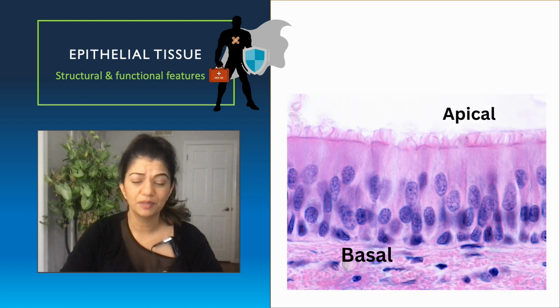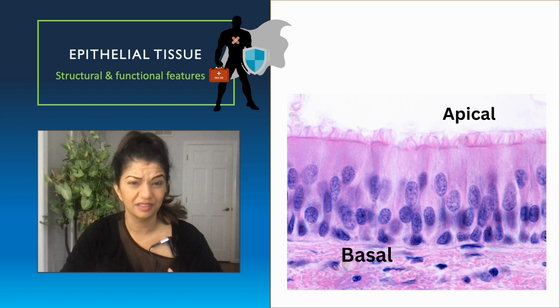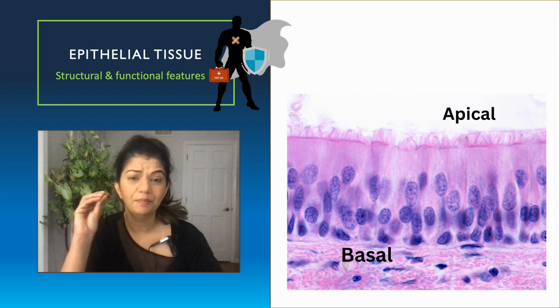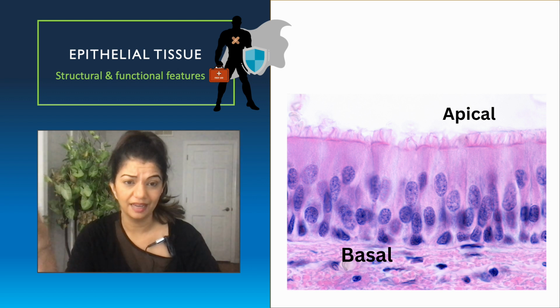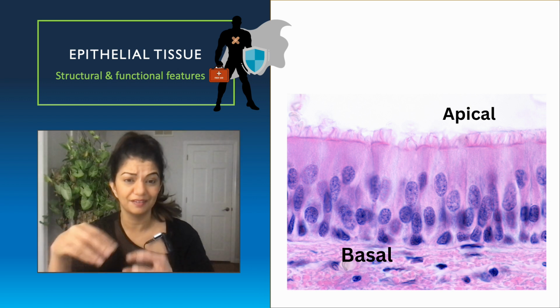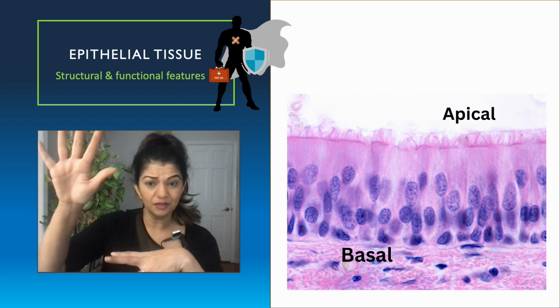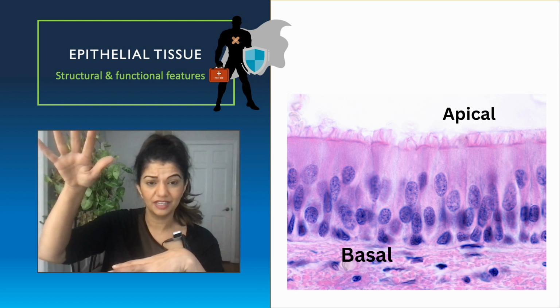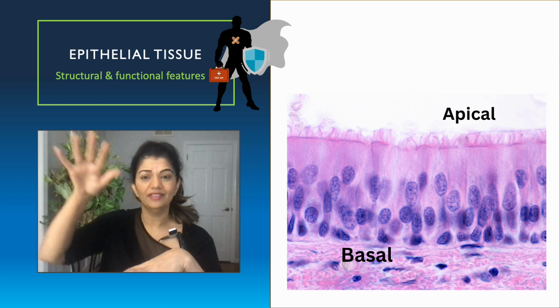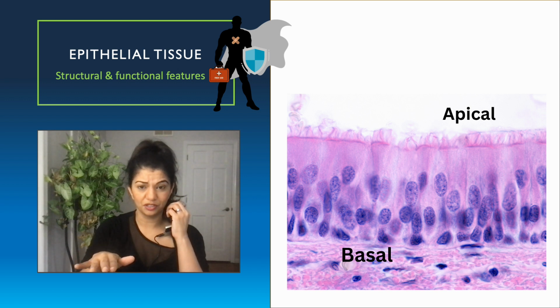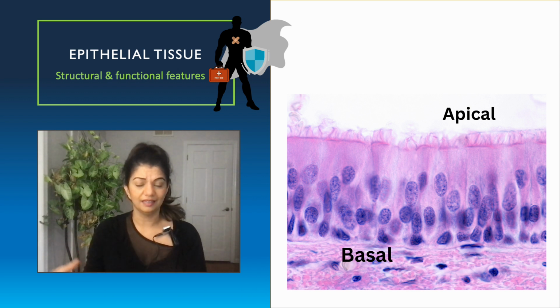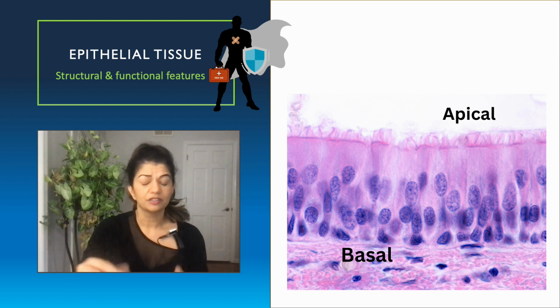Let's embark a little bit more in understanding the polarity of epithelial cells. So epithelial cells exhibit polarity, which basically speaks to the differences in structure and function between the apical part, or that surface facing the surface of the cell, and then the basal part, which is at the bottom, and that is close to the underlying body structures.